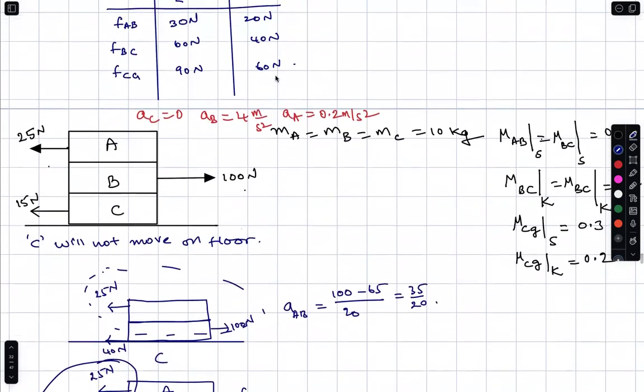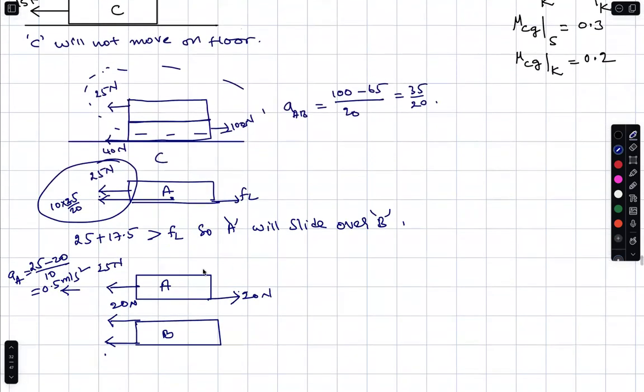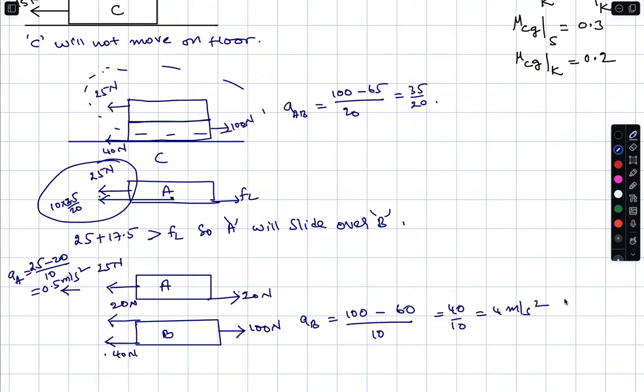You said that 40 Newton. And you are applying how much? 100 Newton. So acceleration of B is 100 minus 40 plus 20, 60 divided by 10. 40 divided by 10. 4 meter per second square.